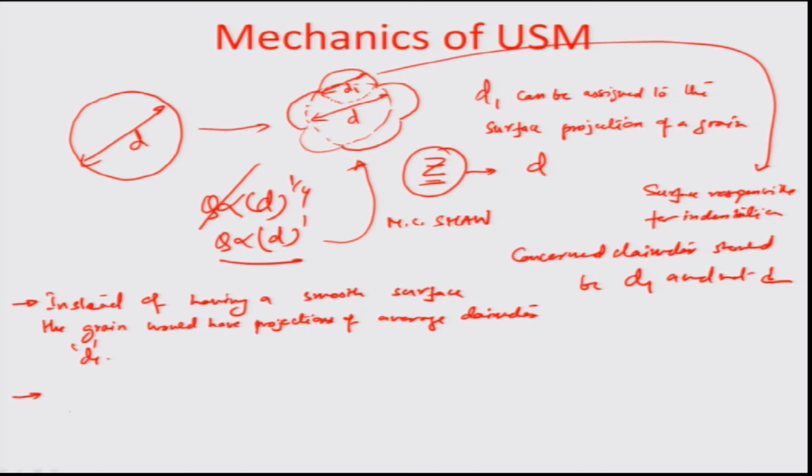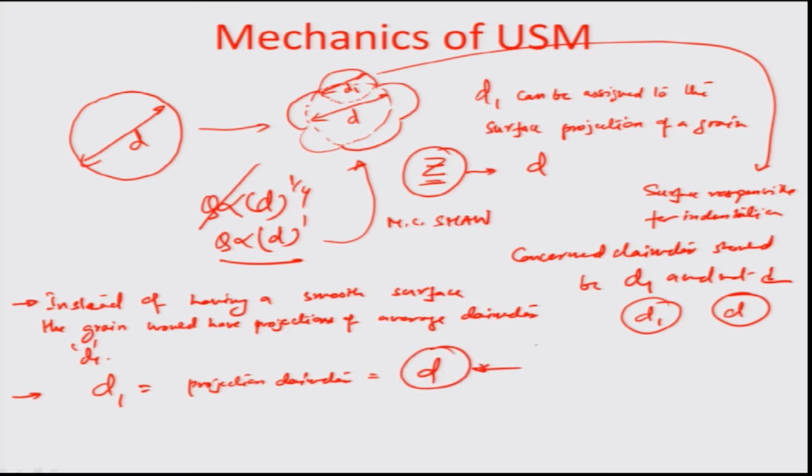Further, it is observed that if we look at number of values d1 and number of values d, the d1 which is the projection diameter is much smaller in comparison to d. Okay. You have to remember what we are talking about, d is actually in the microns range.